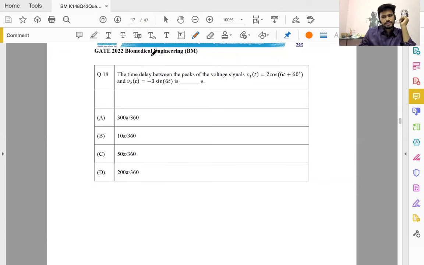Actually, this question is, I would have tried to argue for ambiguity in the question, but they have deliberately set traps. This is a trap. This is an obvious trap.